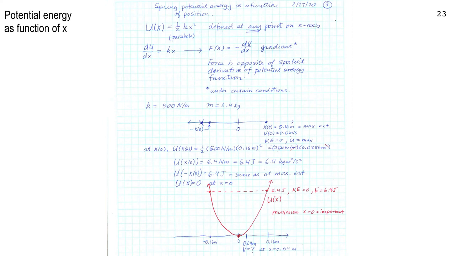Does U ever get below 0? No, it can't, unless we're in an imaginary x coordinate, which we don't normally use, even in quantum mechanics. So U is always positive in this case.